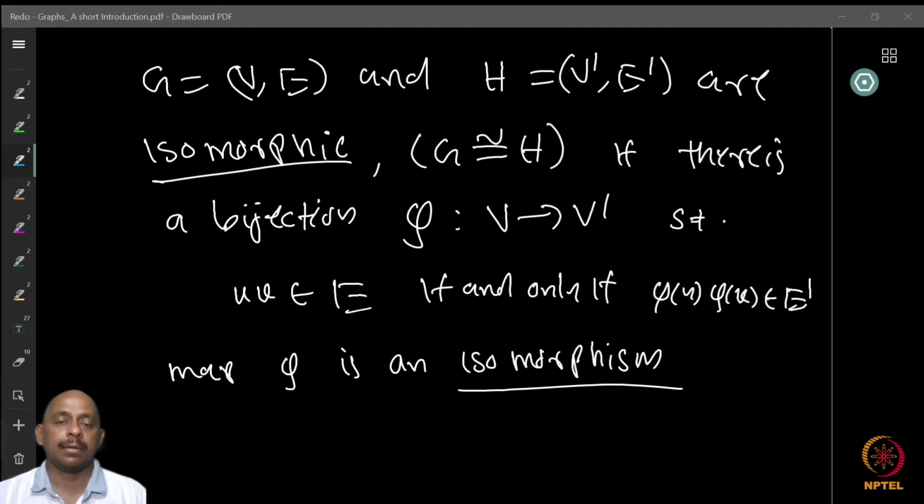We have, let's say, a graph G, which we denote by V comma E, and a graph H with vertex set V dash and edge set E dash.